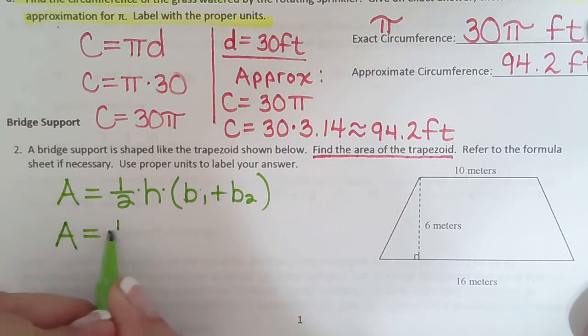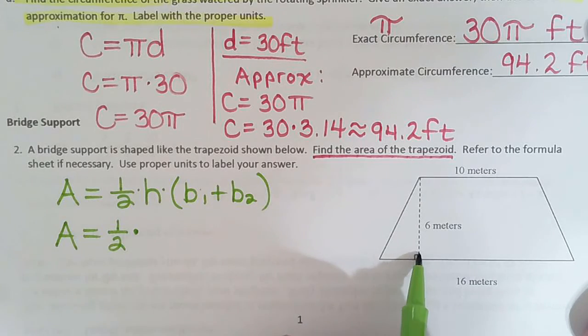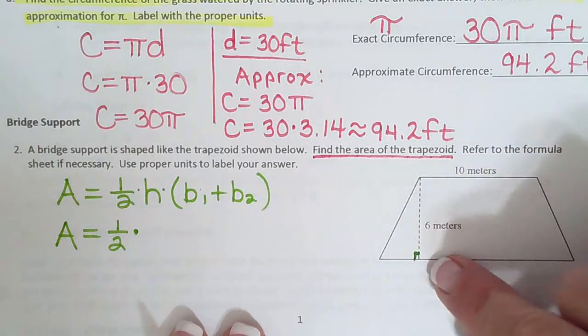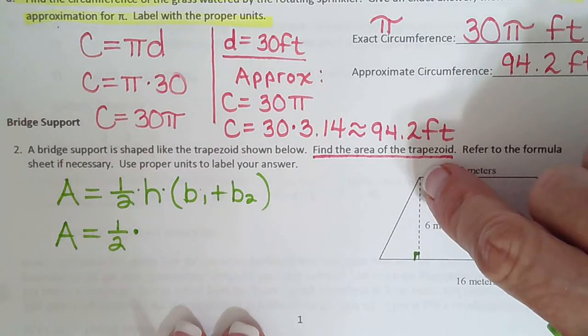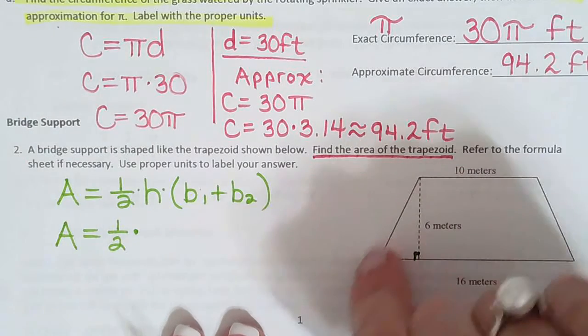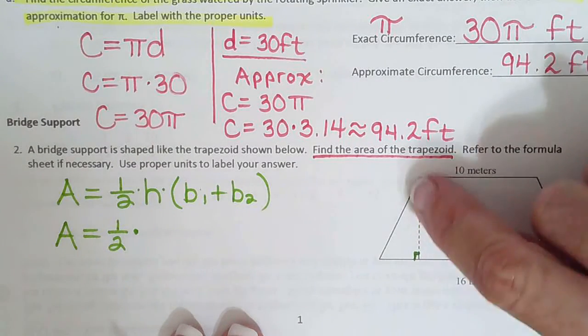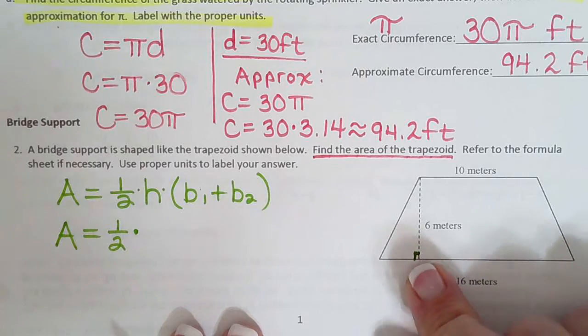So 1/2 times height always has a little right angle symbol, because when you take height, you have to go straight down. Just like if you were measuring yourself, you're not going to take a tape measure and go, oh, I'm going to see how tall I am. You're going to go straight down. So the height can always be found beside the right angle segment.